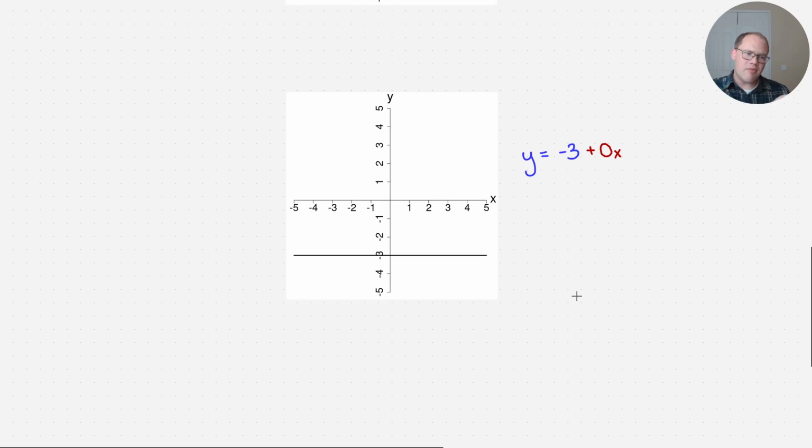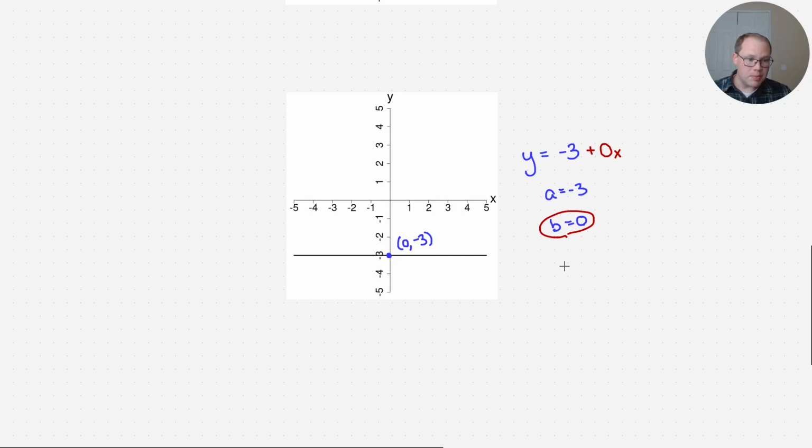Thinking of b as 0 means we don't have to write it, because 0 times anything is 0. So we usually just leave it off, but that's the value of b. So a is negative 3 and b is 0. Indeed, my y-intercept, the place where I cross the y-axis, is 0, negative 3. That is, when my x is 0, my y is negative 3.